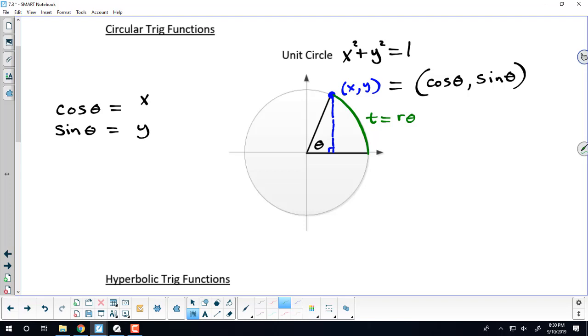But again, unit circle radius is 1, so the length is the angle measure. So another way to think about cosine theta, sine theta is cosine t, sine t on the unit circle.